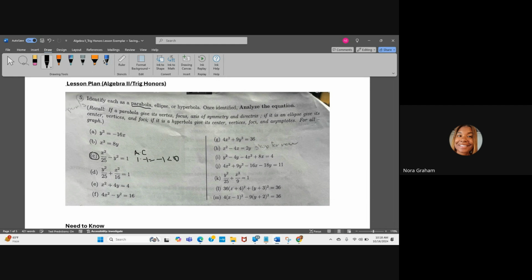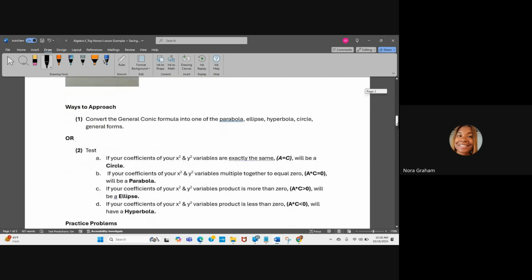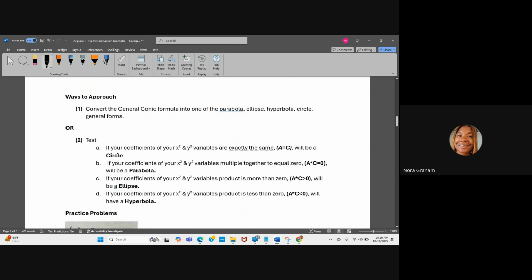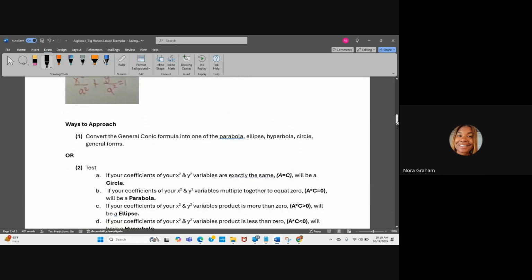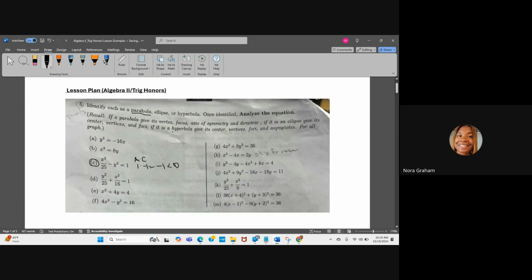Now, I did this on another lesson. Again, leave in the comments if you don't understand this one. But here are the tests that we do. So we found out that our A times C is less than 0, so that means it's going to be a hyperbola. So we know this one's going to be a hyperbola.